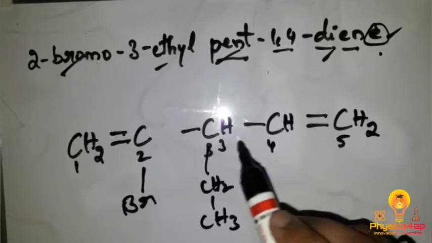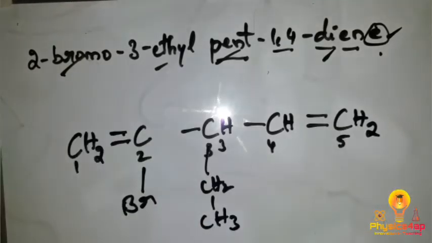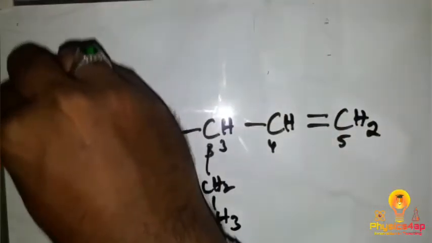So now this is the structure for 2 bromo, 3 ethyl, pent, 1,4 diene. Now let's move on to another example. The more examples you practice, the more you get a grip on how to draw the structures and how to name them.